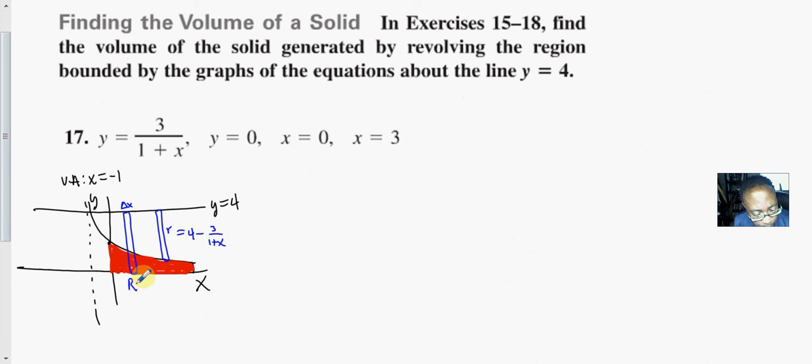So we're integrating from 0 to 3. So the volume is pi times the integral from 0 to 3.